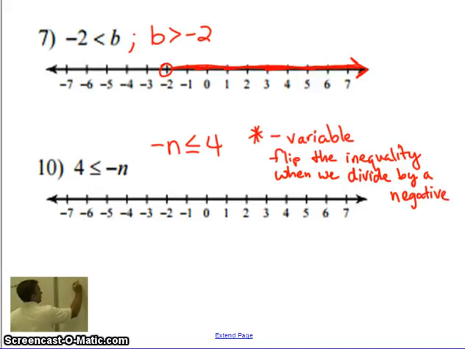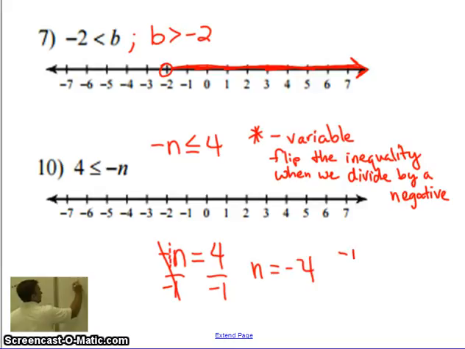So negative n is less than or equal to 4. We can look at it as similar to negative n is equal to 4. What we do in this situation is divide by -1, because there's an invisible 1 in front of the n, and we get n equals -4.